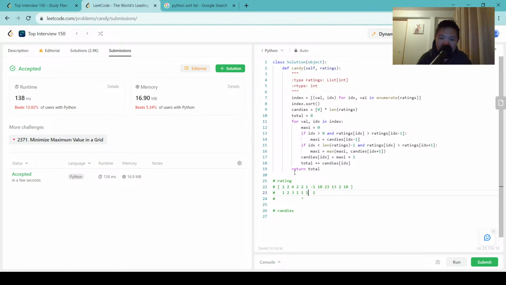So let me see how this is going to go. 1, 1. Okay, so I don't know where my last peak is. Let's say I'm here, right? I change this to 1. This has to become a 2, right? Does this have to go up? This does not have to go up. Okay, so my last peak is here.